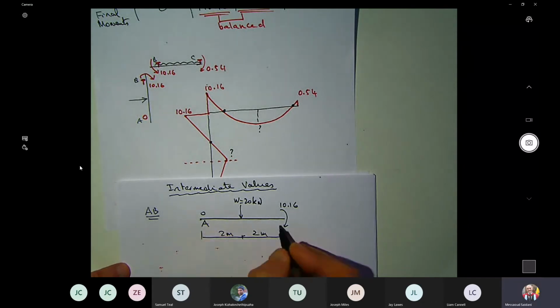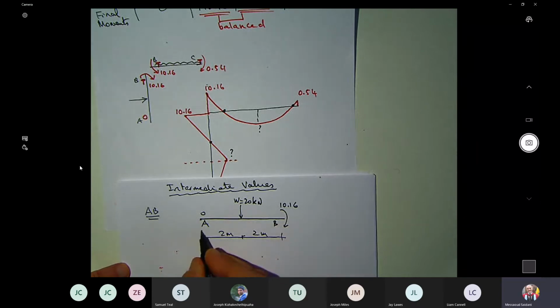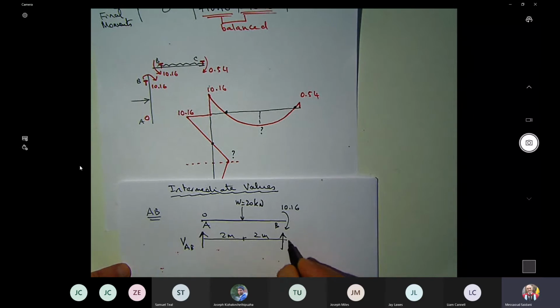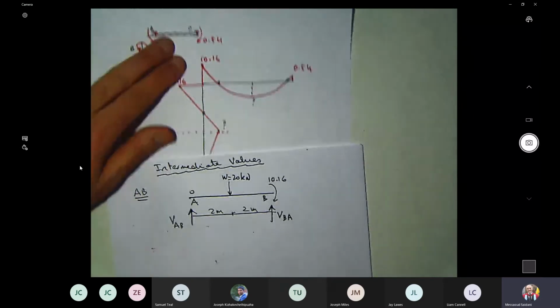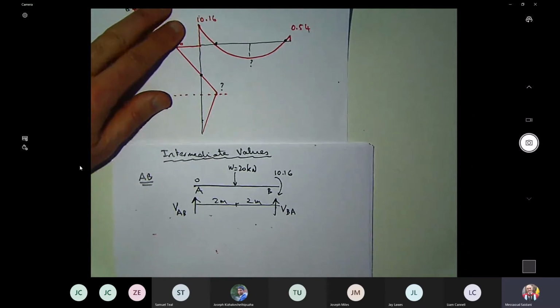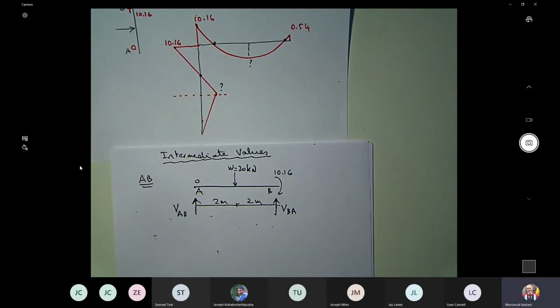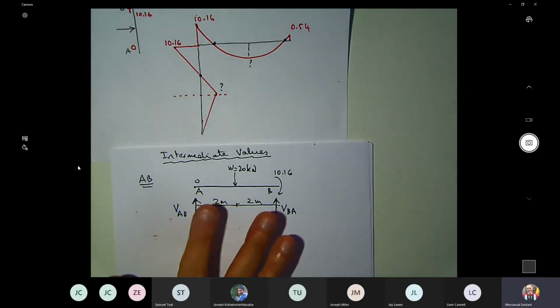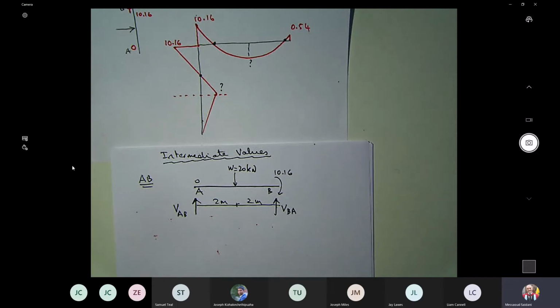Obviously, this is A, this is B, so we have VAB, the reaction at A, and we have VBA to determine. Any questions? Clear. So we are going to determine these 2 reaction forces by taking moments about B and A.